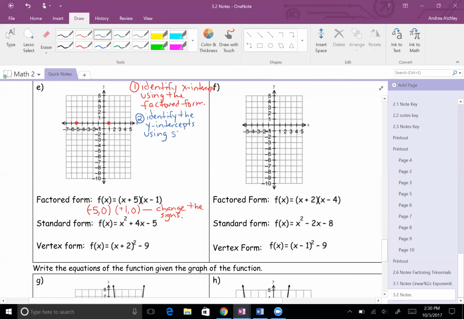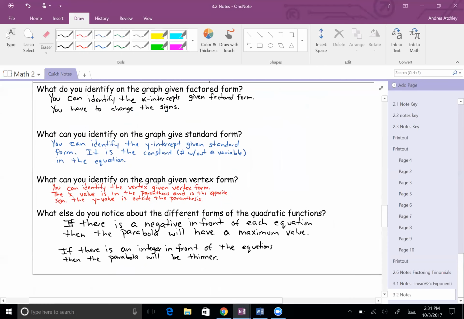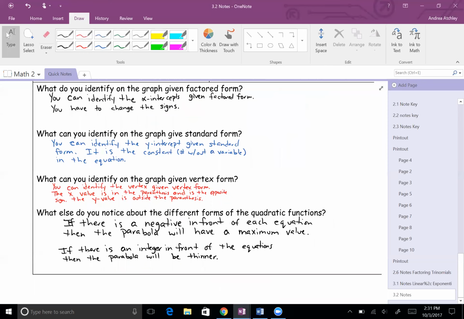Using standard form, I'm going to go right back up to here. To identify the y-intercept, it's the constant, the number without the variable in the equation.